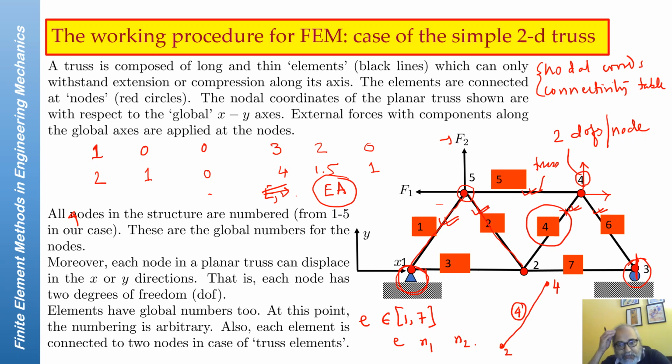The fixed values of the 2 degrees of freedom of node 1 and the 1 degree of freedom of node 3 are all equal to 0. So the displacements that these nodes can have in the x direction as well as in the y direction are specified to be 0, and for node 3, the displacement in the y direction is specified to be 0.